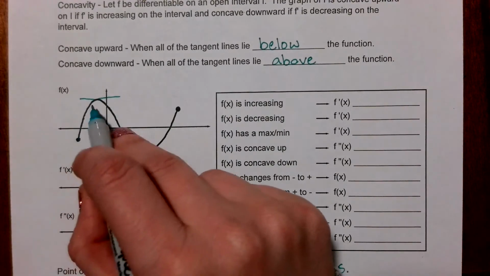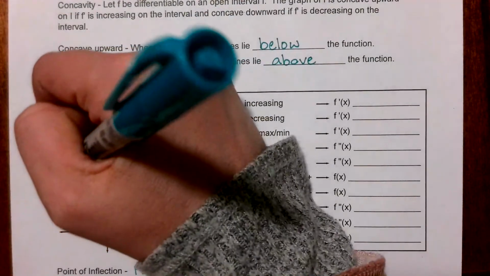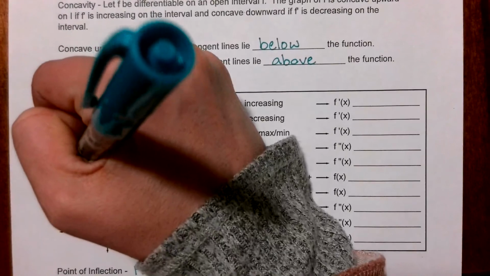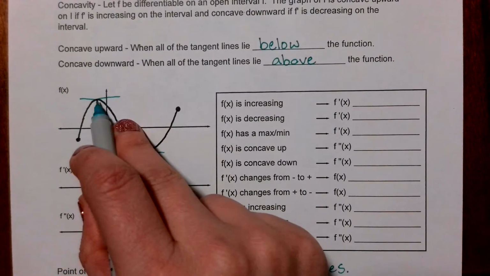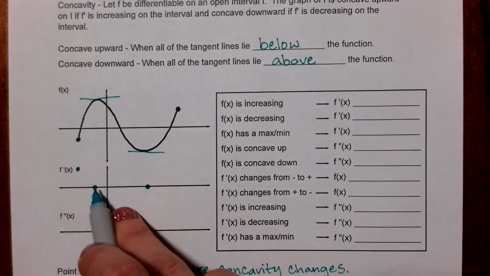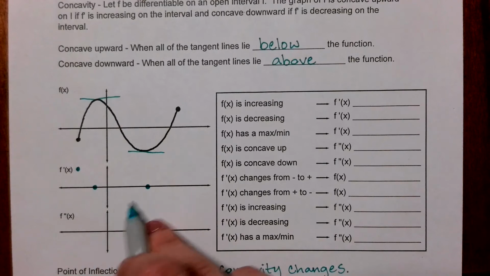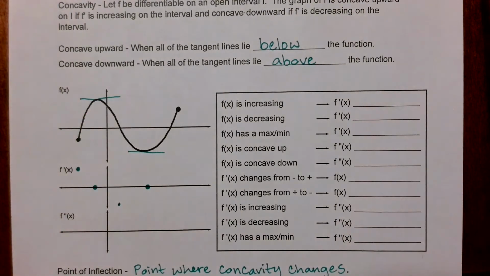So I've got a positive slope to begin with, so that just means that f prime is going to start above. So I'm going to go ahead and put this point above, and I'll connect here in a minute. After I get to that max, now I've got a slope that is negative. So I'm going to be below the x-axis for this whole point right here. So maybe I'll give myself a little big point there.